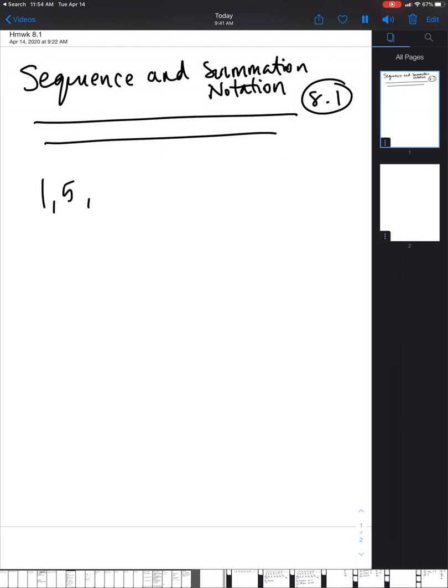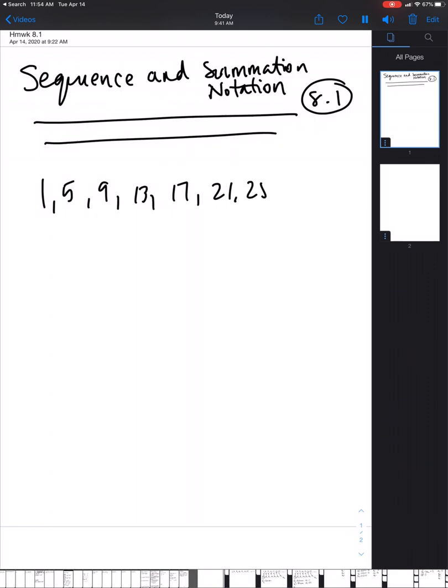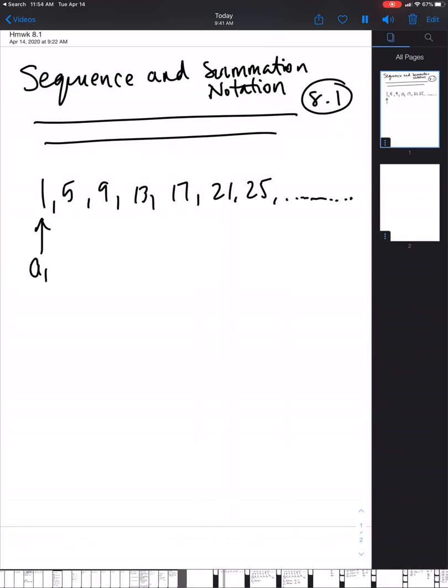All right, so let me write down a sequence. This is going to be about sequences mostly. Here's a sequence: 1, 5, 9, 13, 17, 21, 25, and so on. It just keeps going on forever. I want to write down what you're expected to know as notation.